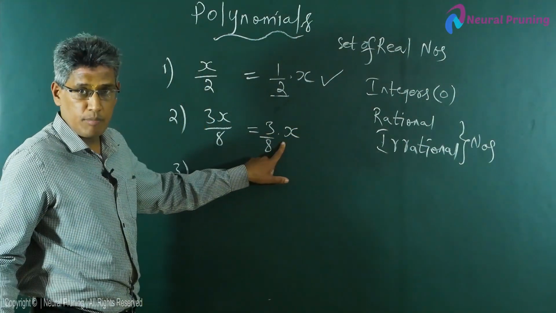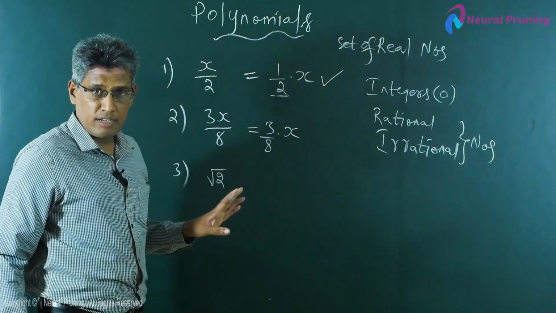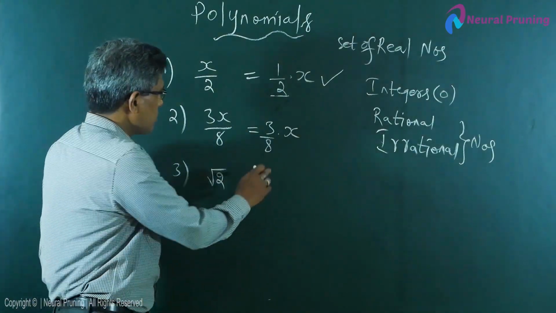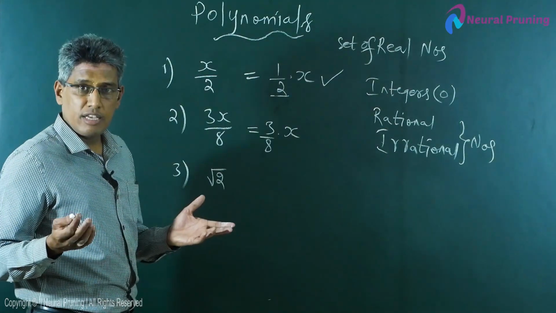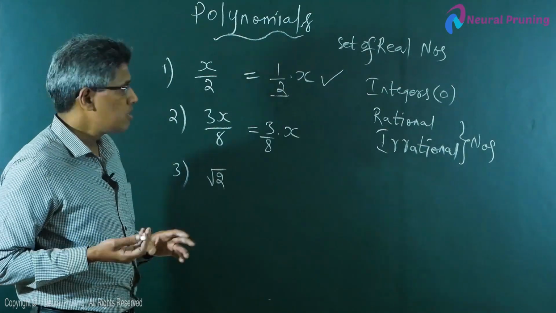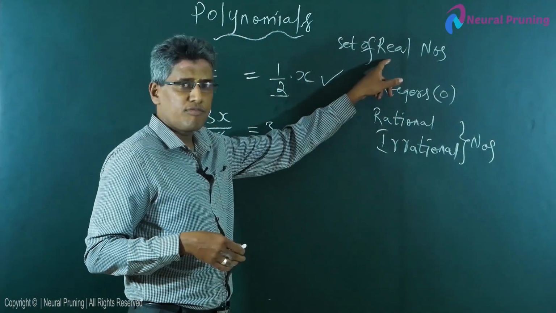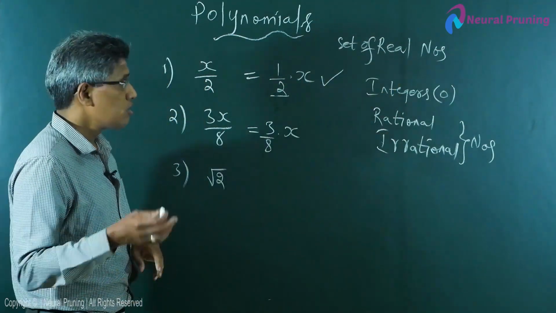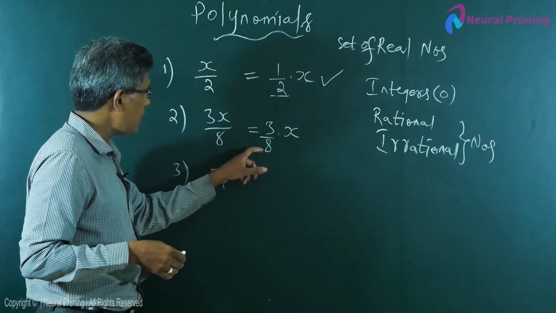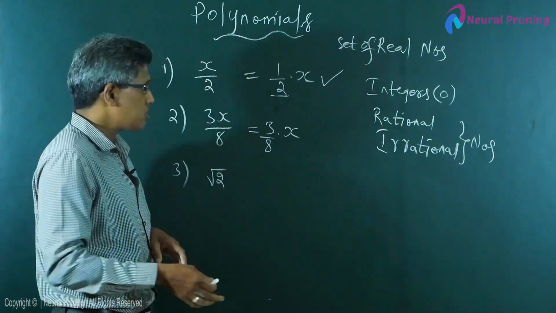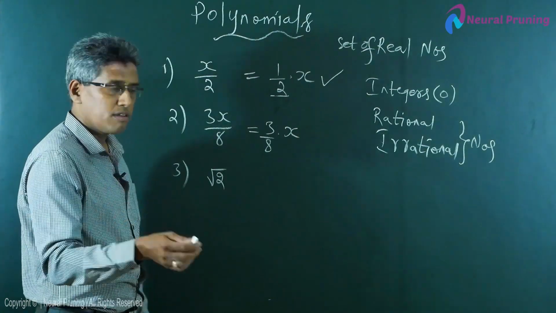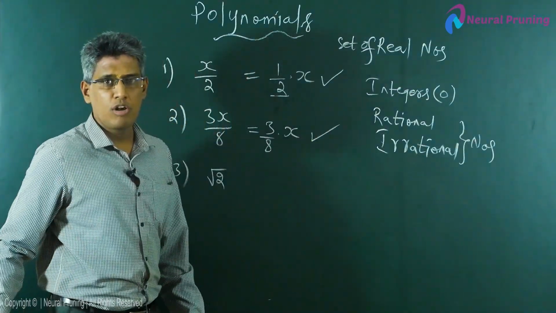So x is a variable, exponent is 1, so perfectly alright. 3 by 8 is a rational number. We have already observed that rational numbers are part of the set of real numbers. For this reason, 3 by 8 multiplied with x, or 3x by 8, is a perfect example of a polynomial.